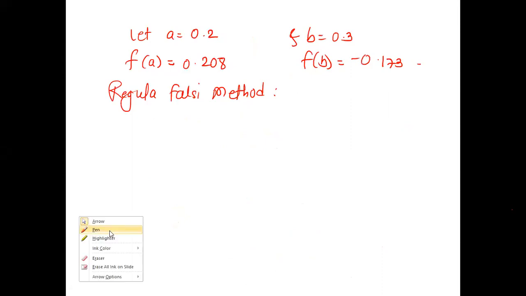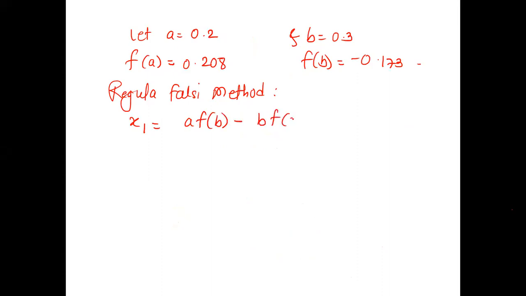So the first approximation x1 is (a f of b minus b f of a) upon (f of b minus f of a).